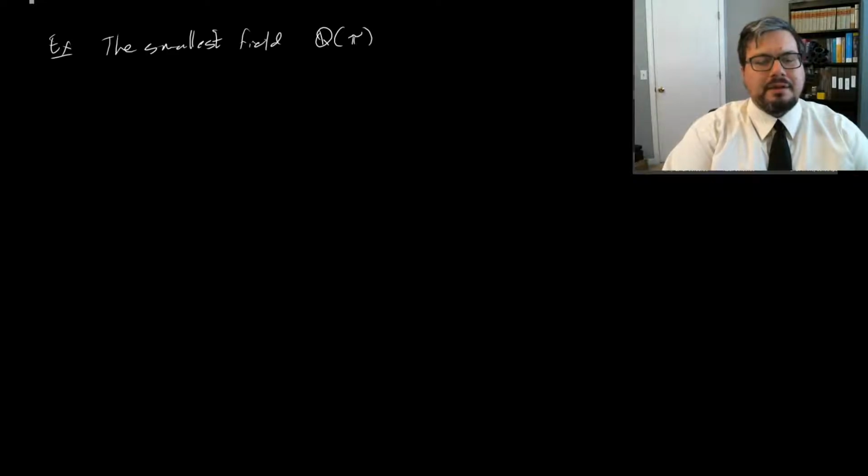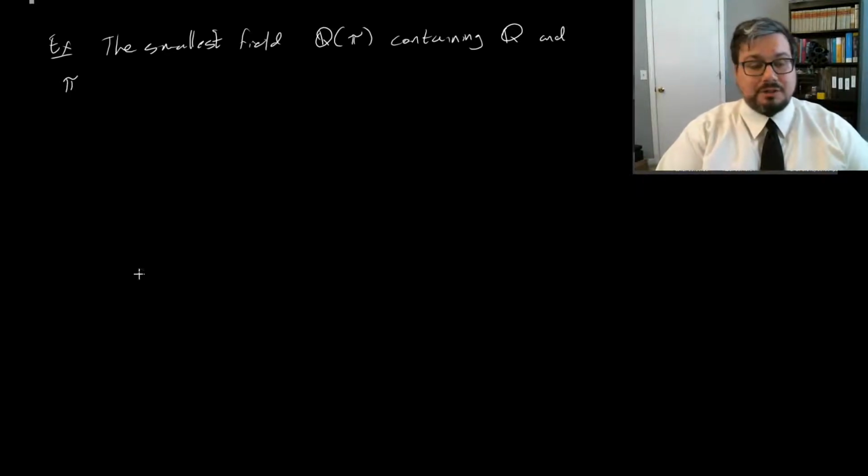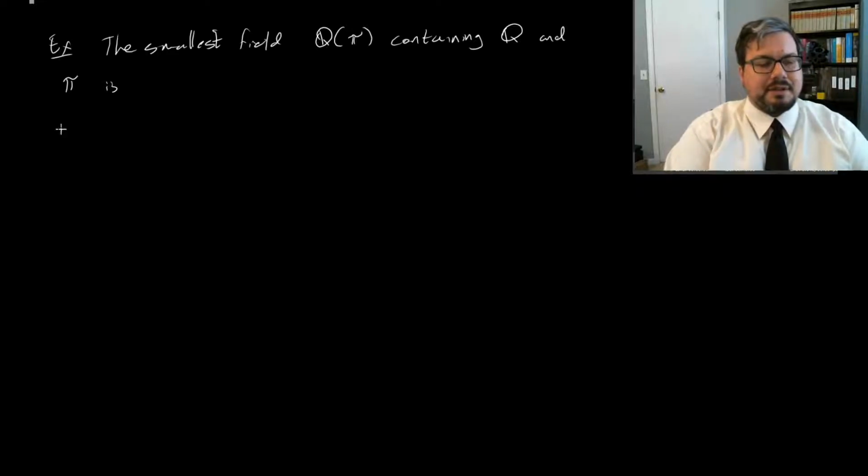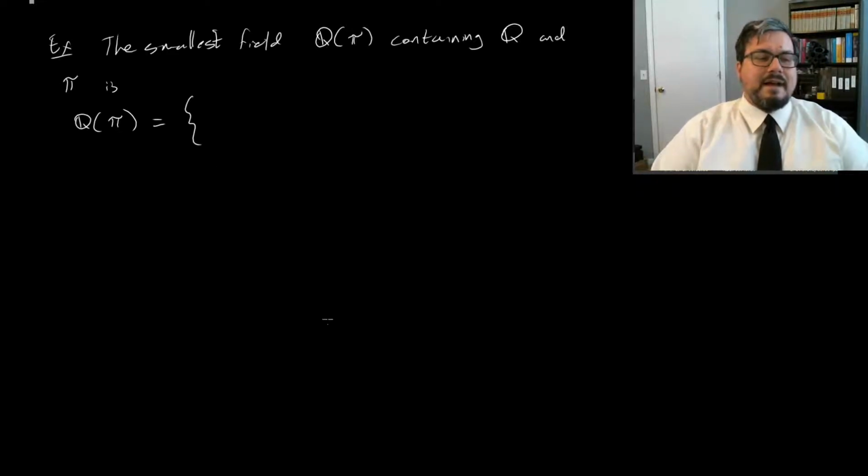So for example, the smallest field Q(pi) containing both Q and pi, which is transcendental over Q, remember, is isomorphic to what we get when we take polynomials over polynomials.